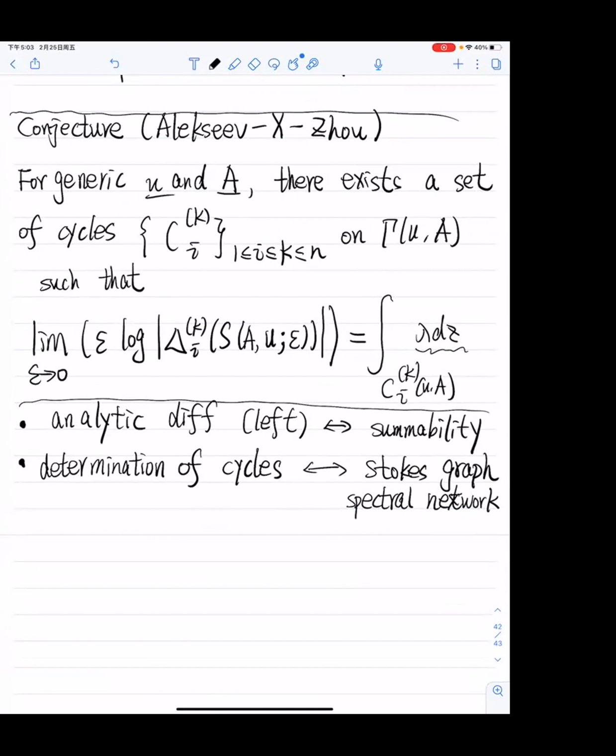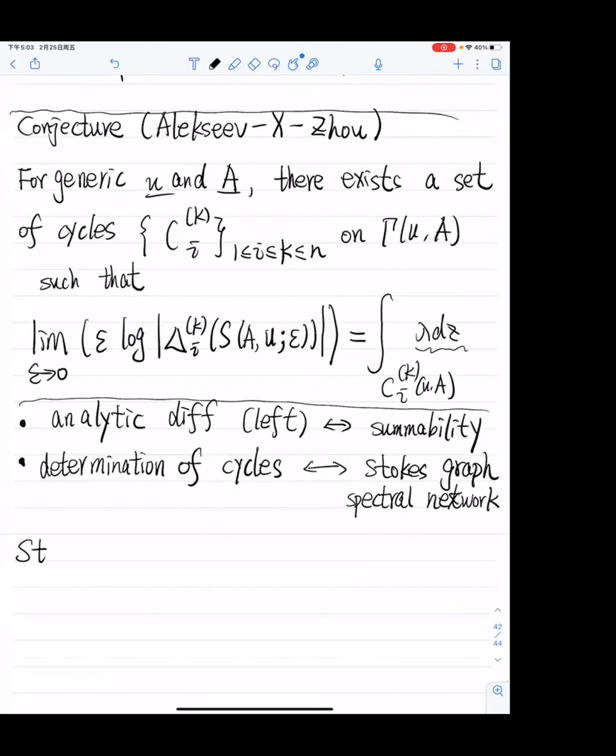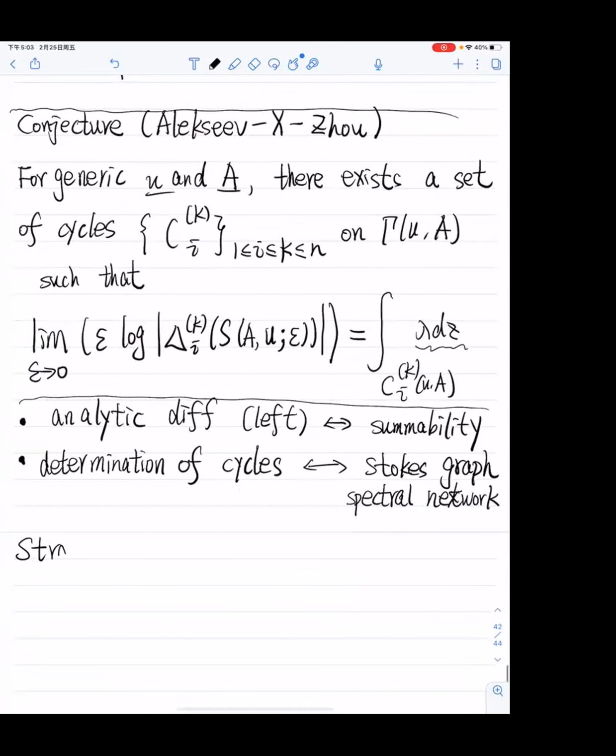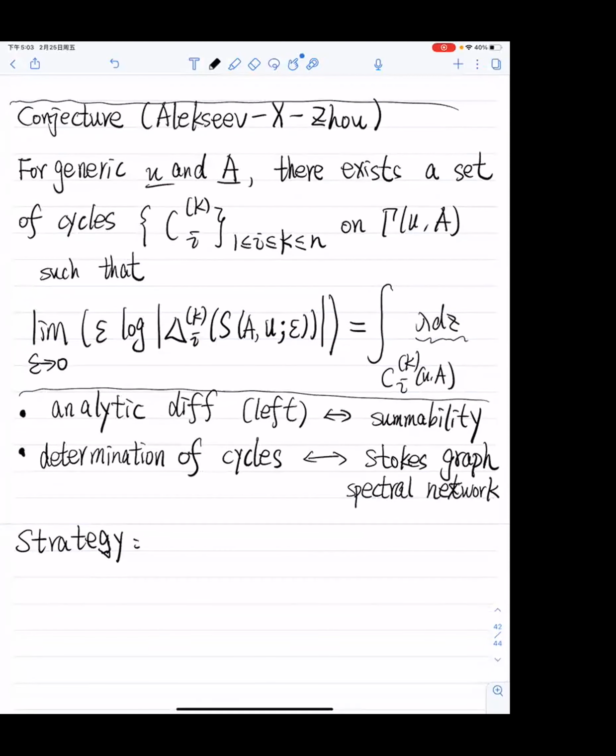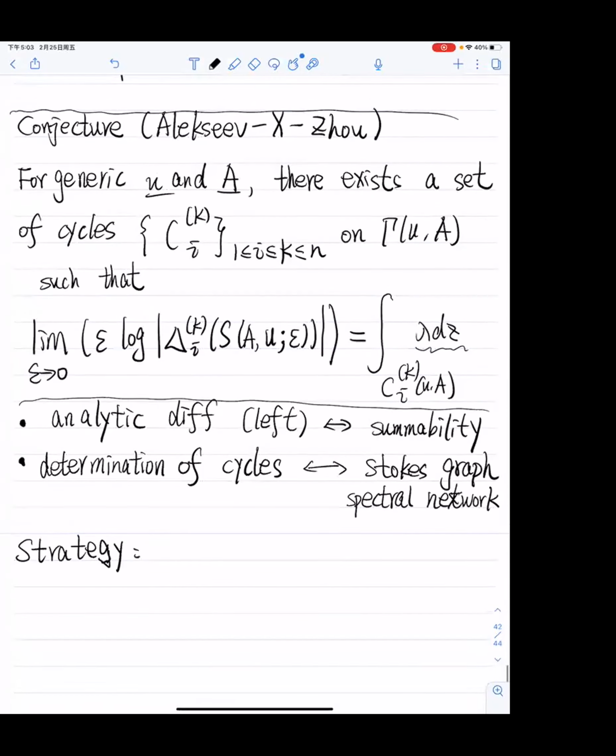Now I'm gonna try to give some strategy to understand this question from Poisson geometry. So recall that if we look at this conjecture, this is sort of non-trivial, right?